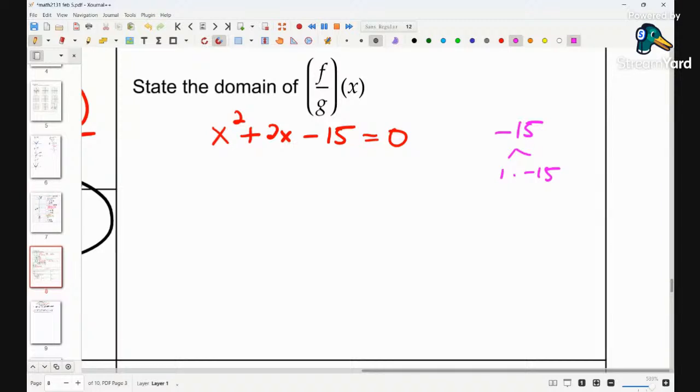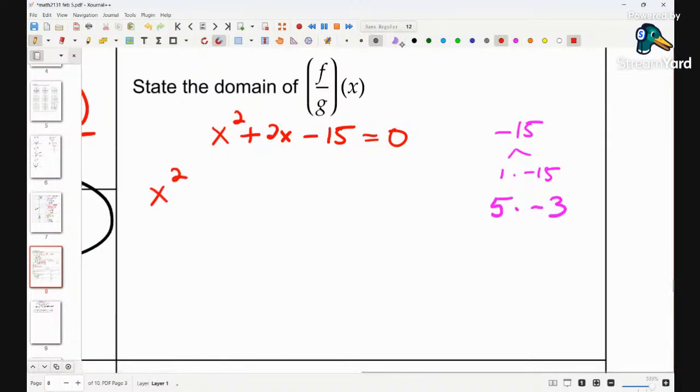No. And then the more you say it to yourself, the better you know your multiplication facts, you probably will get there quickly. I'm not out to crush you with huge numbers. You should be able to get there within 30 seconds to a minute. 5 times negative 3 multiplies to negative 15 and adds to 2. Split the middle. Why is that? Okay, I don't know, but I'll use this.